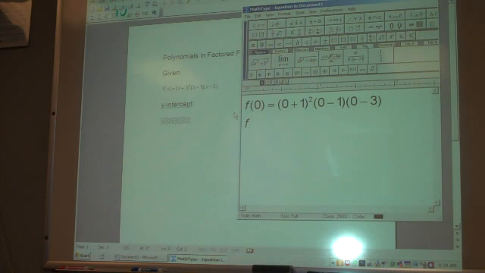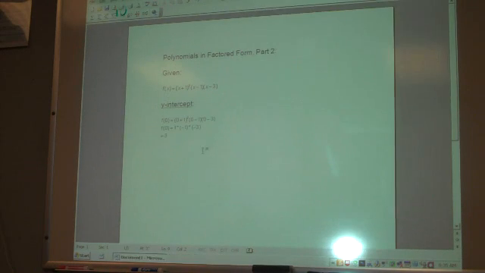What does this actually work out to? Positive 3. Because with the zeros, it's just going to be 1 times negative 1 times negative 3. So that's going to equal positive 3 when we're done, right? Okay. Here we go.